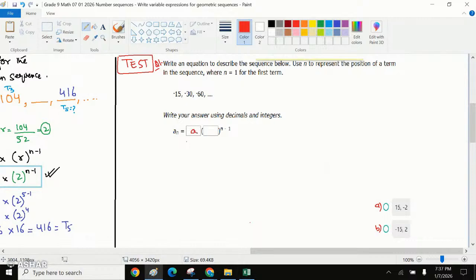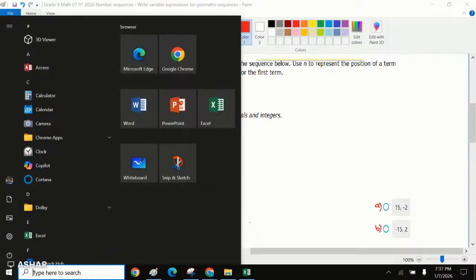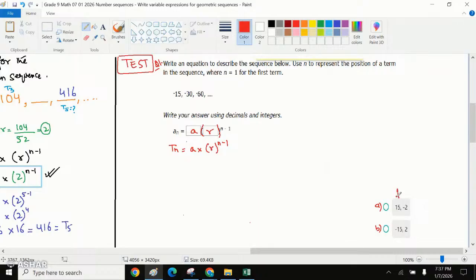It has to be A and this has to be R, right? Because we know that Tn is always equal to A multiplied by R to the power n minus 1. So the first value represents A and the second value represents R. So is there any way we can find the value of A?